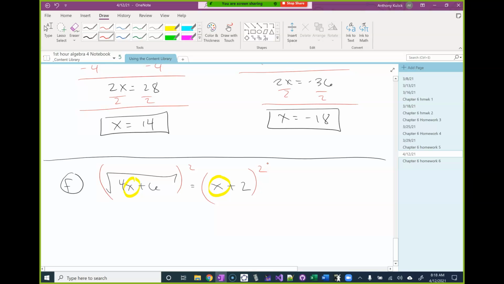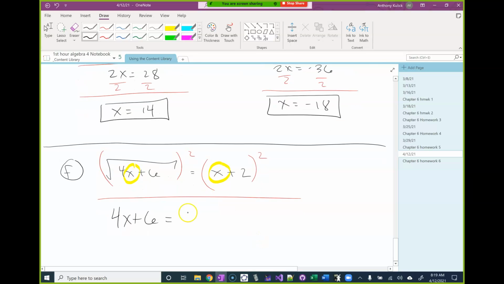Now notice here that I can't square the individual terms and have this work. That's not okay. It has to be squaring one side and squaring the other. So when I square the left-hand side, the square cancels the square root and everything is fine. When I square the right-hand side, though, x plus 2 squared really means x plus 2 times x plus 2, right?